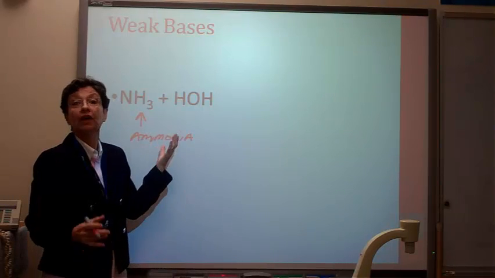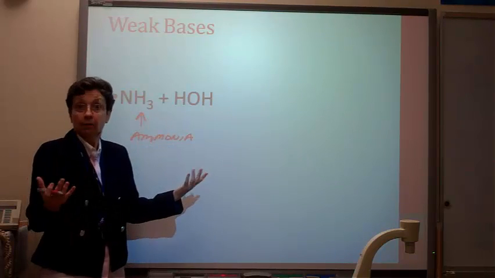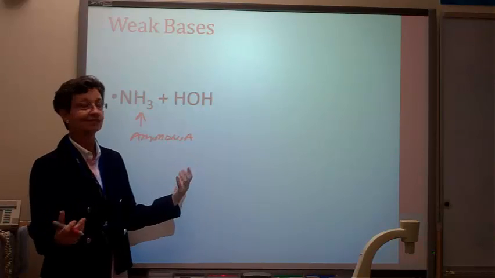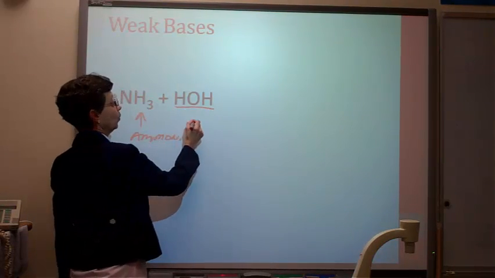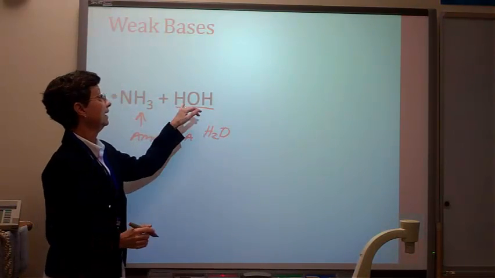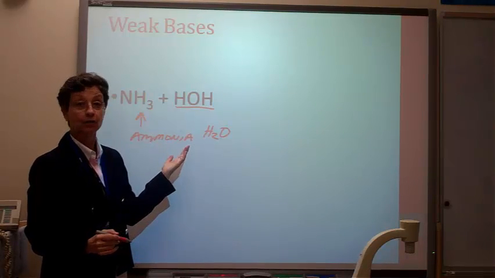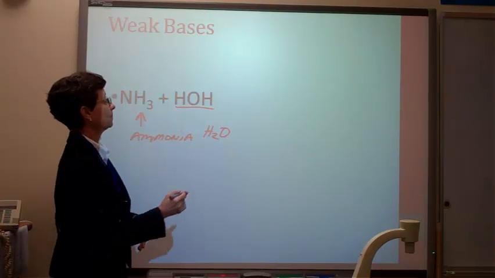We use a particular name for this compound, which is ammonia. And you need to remember, just like water is water. Water, of course H2O, as you already know, can also be written as HOH. It's helpful because it helps us to see how this reaction is going to work.